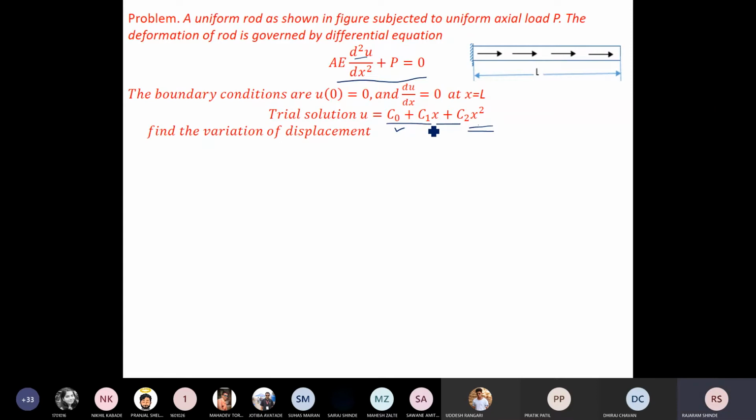The number of boundary conditions should be equal to the order of the polynomial again. Okay, do you agree with this?